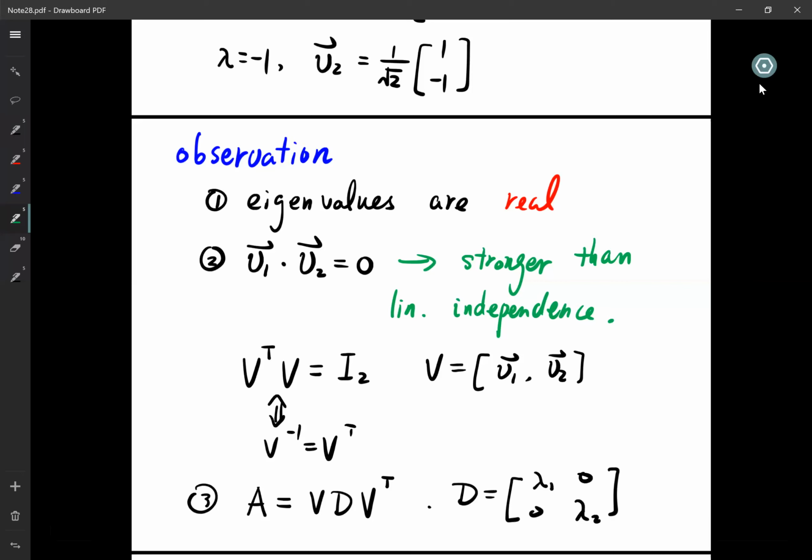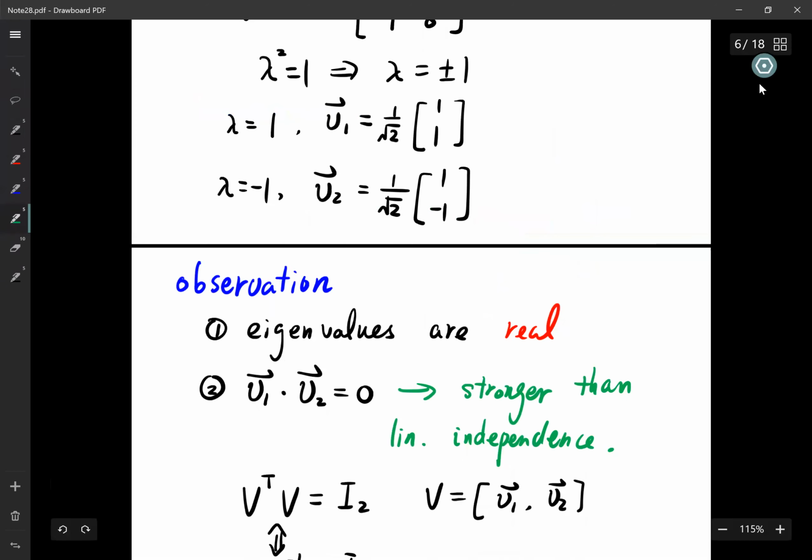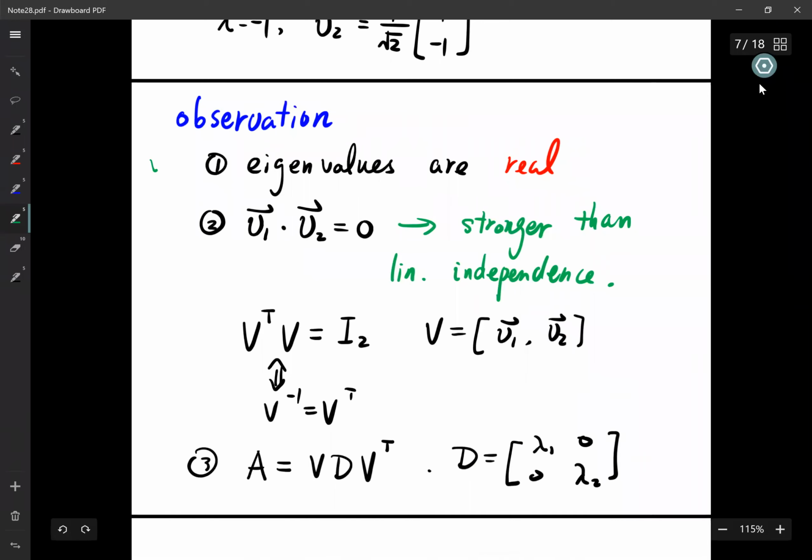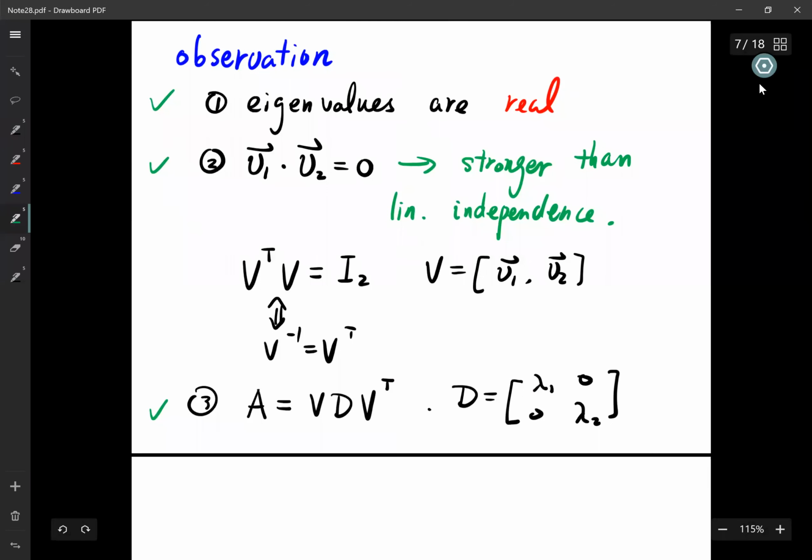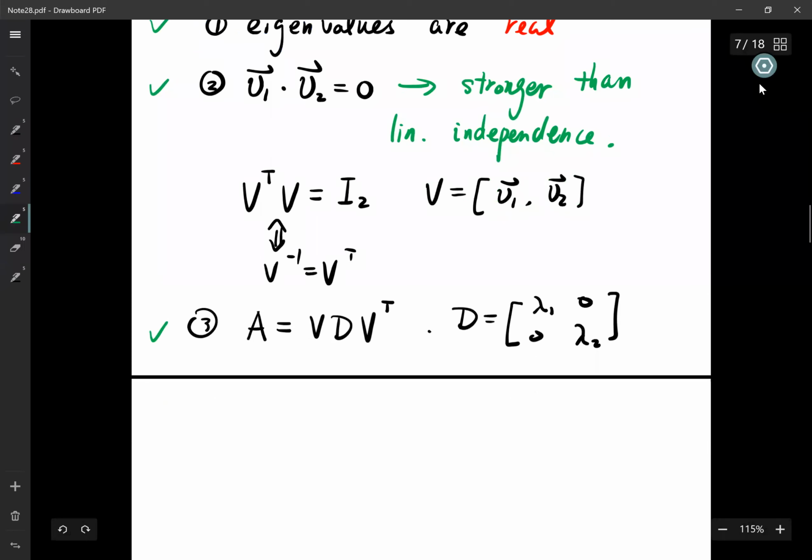Okay, so a big part of the rest of the class is to show that these observations, although made for this very simple 2x2 matrix, are actually true for a general real symmetric matrix. And this is called the spectral decomposition theorem, or the so-called spectral decomp that you have seen before in Tony Stark. So how do we show this?